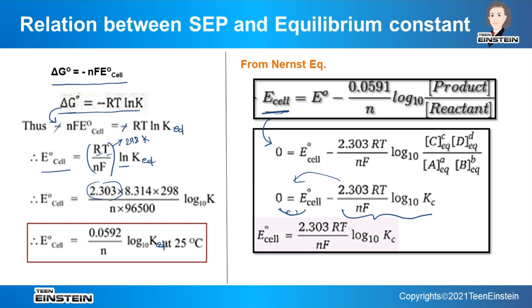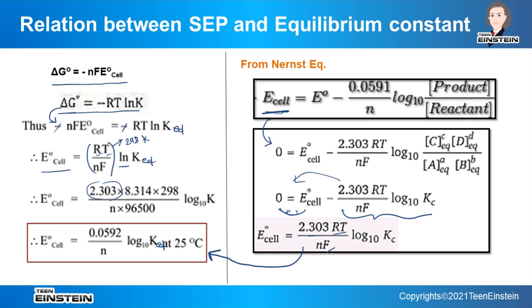Putting the values of R, T, F and multiplying with 2.303, we get the same relation. This relationship is also important, because when the equilibrium constant is given, you can find the electrode potential, and if the electrode potential is given, then also we can find the equilibrium constant.